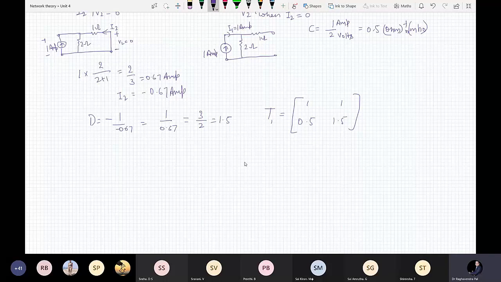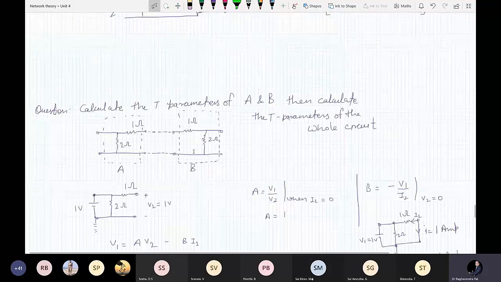Now I will not solve for T2, I will directly write the value of T2 here, you can solve it on your own. Okay, by the similar method you can solve for T2 also.